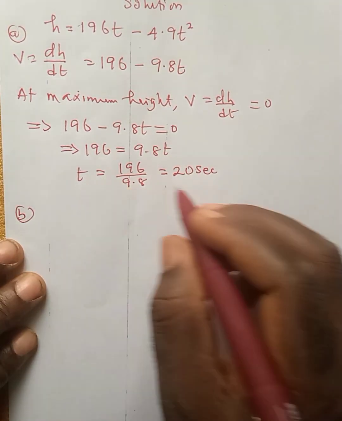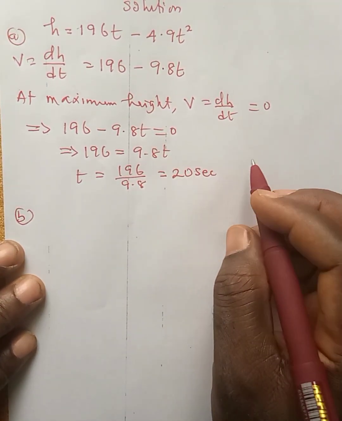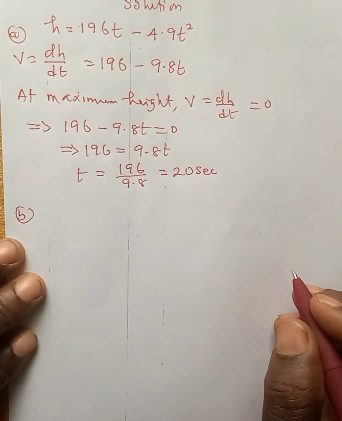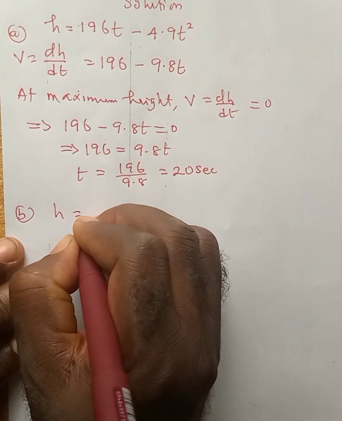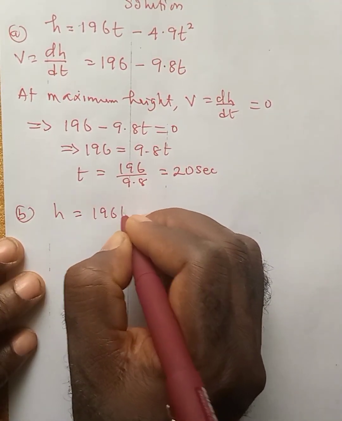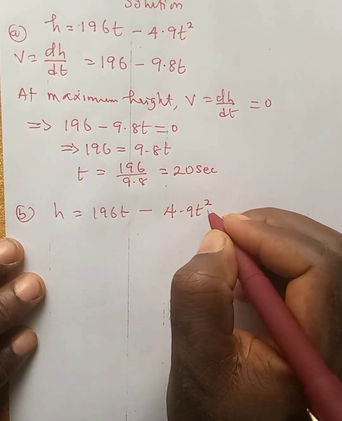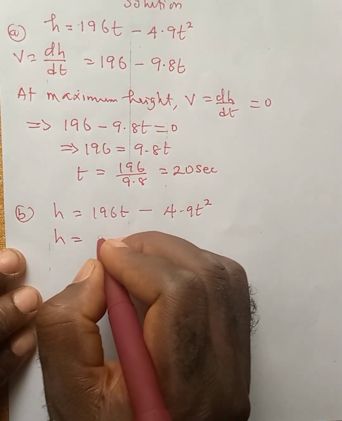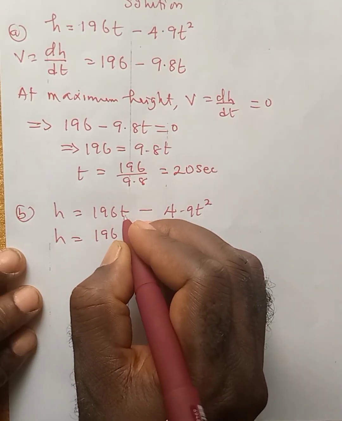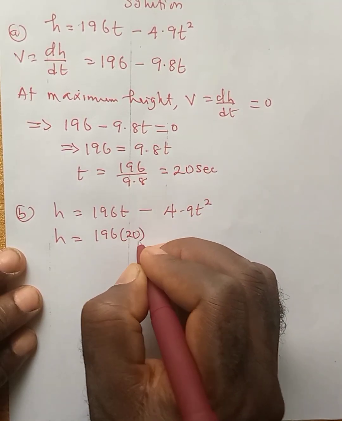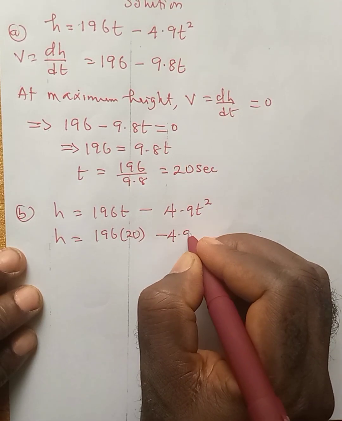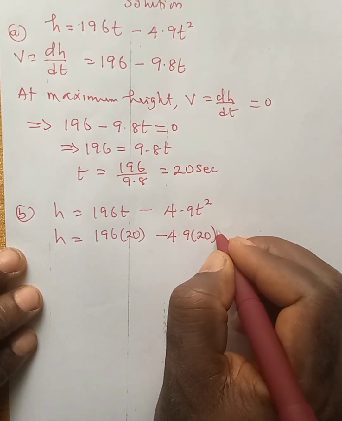Now, since we have gotten the time it takes to reach the maximum height, then we go to the height function, which is h is equal to 196t minus 4.9t squared. Then h will be equal to 196 times our time here, 20, minus 4.9 times 20 squared.